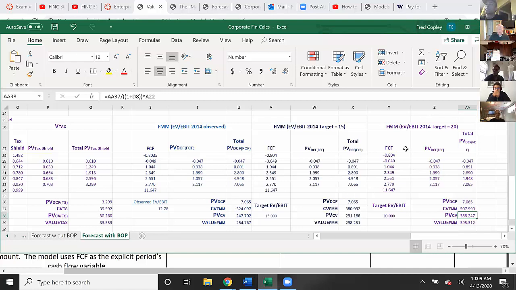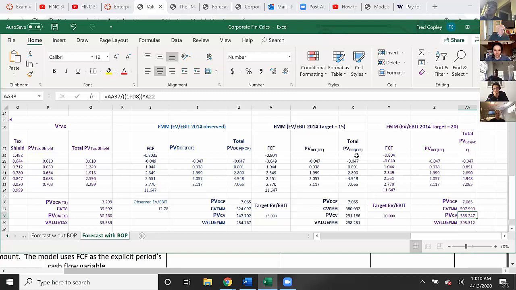Could you repeat that, please? Yeah. So with regard to whether we're looking at different value outcomes, if they're going to be similar or different between the two, FMM is going to bring about different outcomes depending on the multiple you're using.